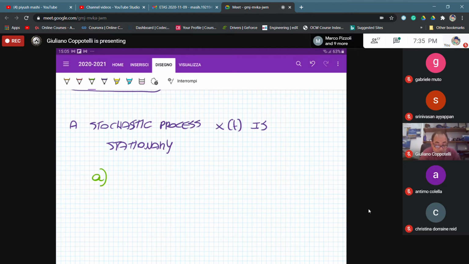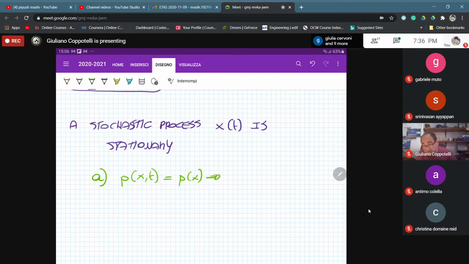So a stochastic process is stationary if we have the probability density function, remember, that can be expressed just in terms of the variable of the event x.